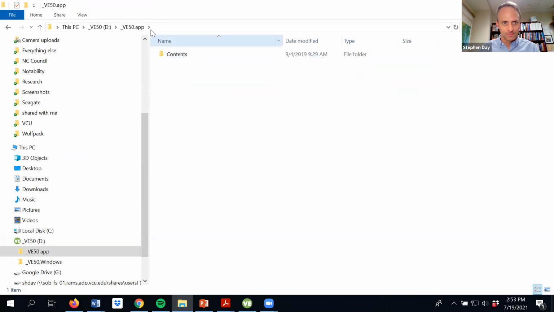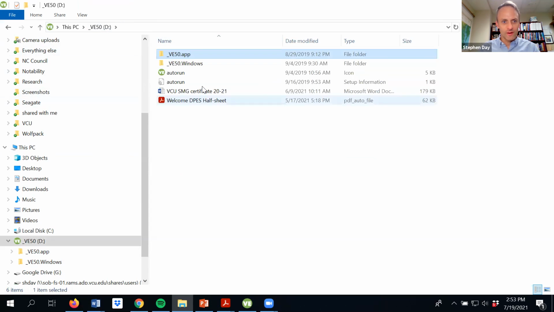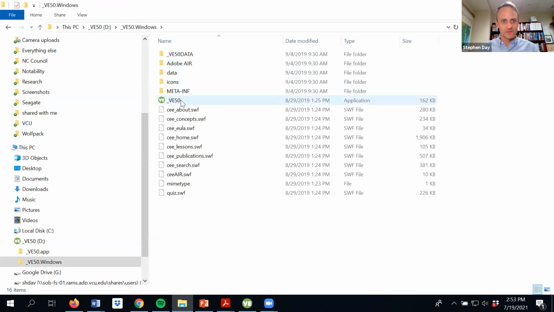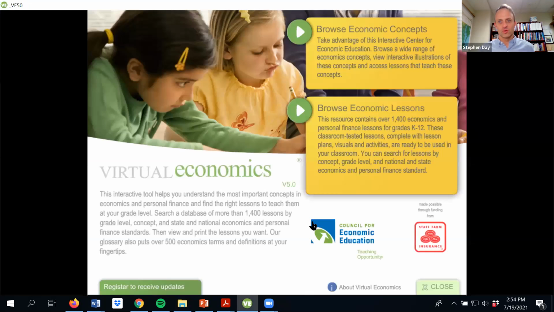Otherwise, I think, actually, I've never done it on a Mac before, but for me, I go to VE5 Windows and I do this, VE5. In fact, it might be the same for Mac as well. So this is what you find, VE5. You've got to go inside a folder to get it and to run it. And that's what you double click right there. And then this will pop up.